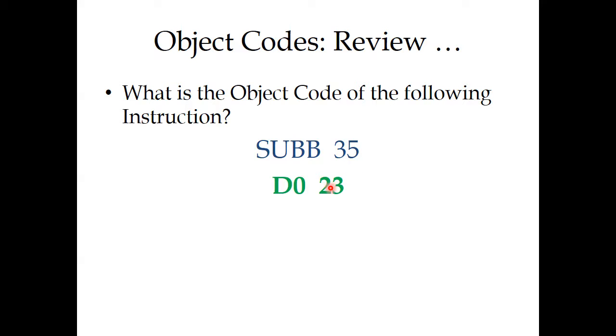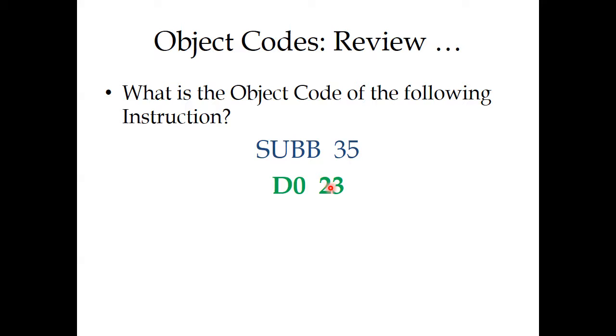No matter how the operand is given, whether as hex, binary, or decimal, you always convert it to hex. If it is in hex, you're fine, but otherwise you convert it.